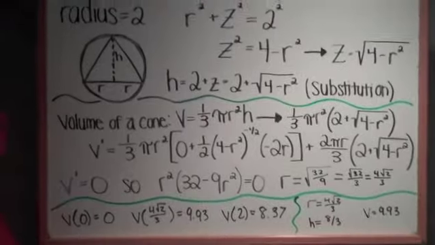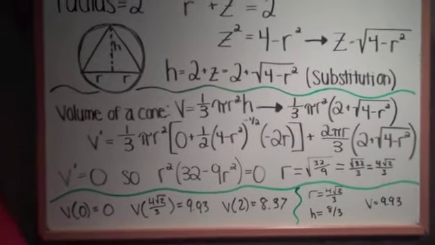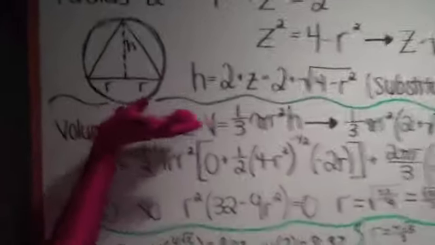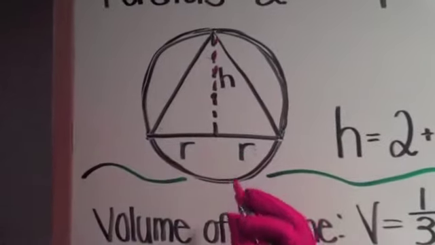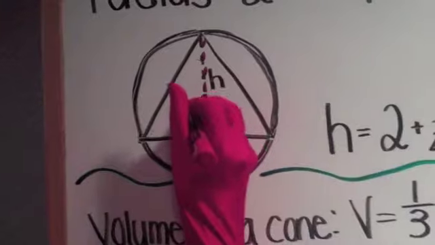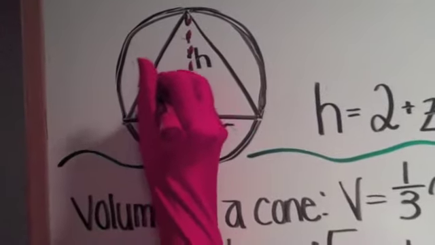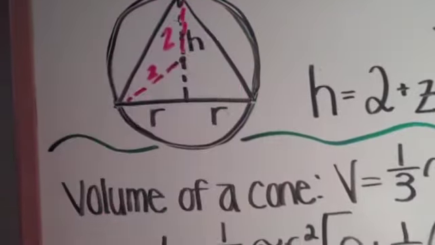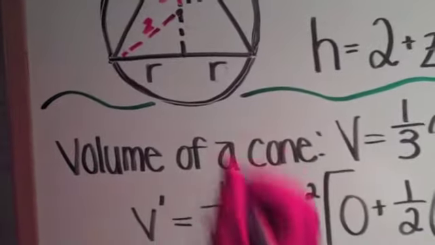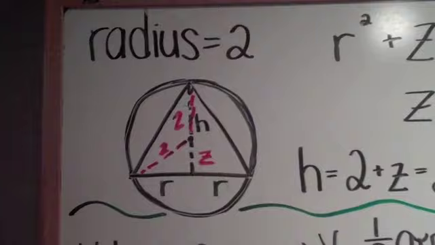We're looking to find the maximum total volume of the inscribed cone. It is helpful to draw a diagram. It is given that the circle's radius is 2. Next step would be to let the height of the small right triangle equal z.